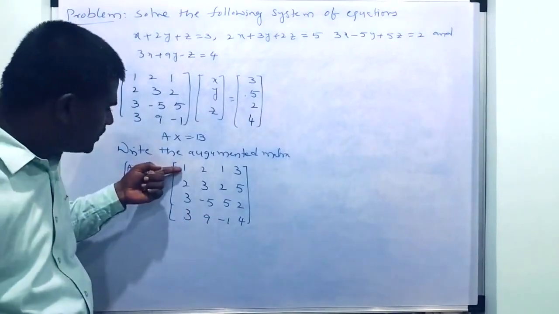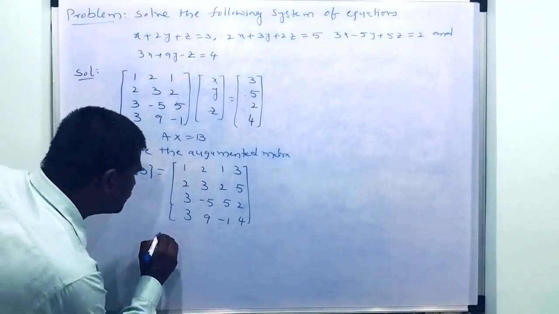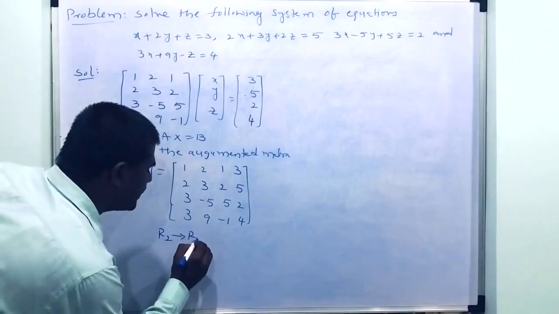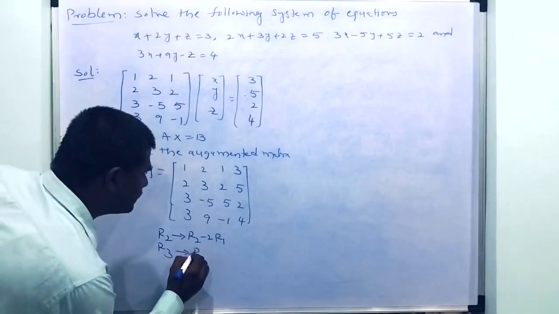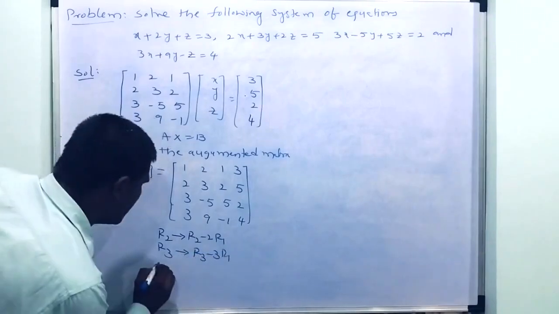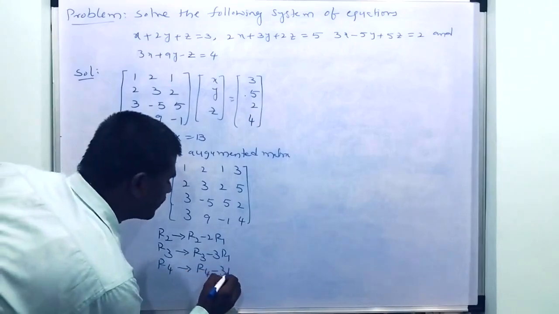How? Use this element and make these three elements 0. That means R2 goes to R2 minus 2R1, R3 goes to R3 minus 3R1 and R4 goes to R4 minus 3R1.